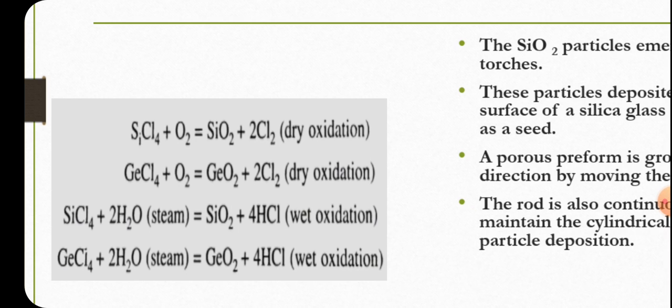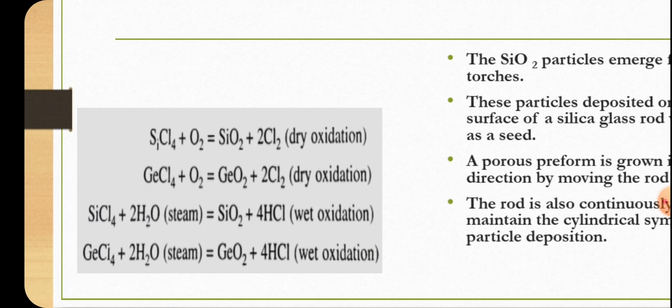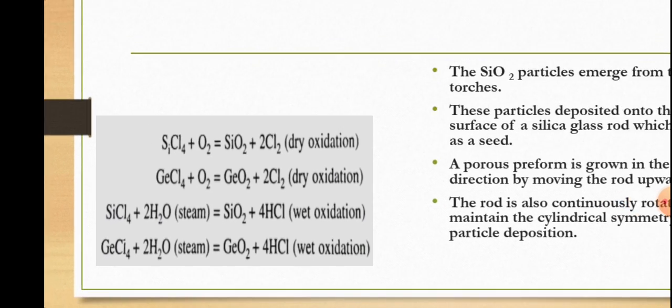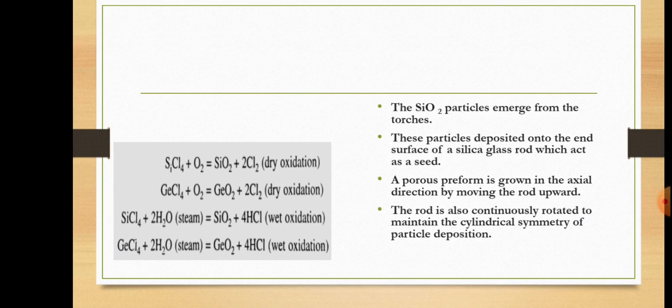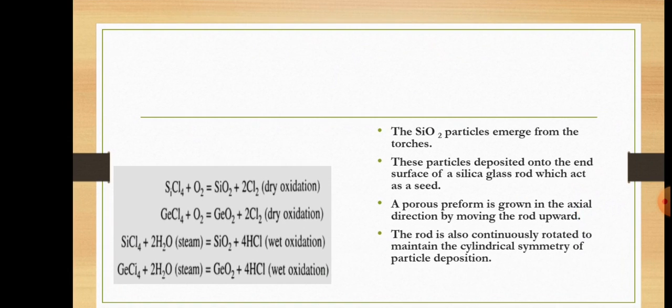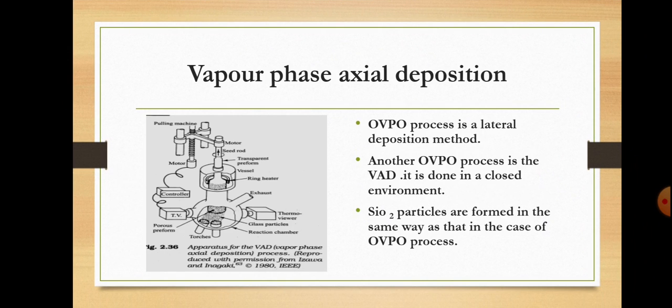The chemical reactions are shown here, and they take place in the same manner as in the OVPO process. So SiO2 particles, that means silica or glass particles, will be there due to this chemical reaction.